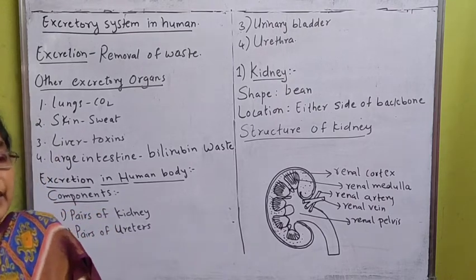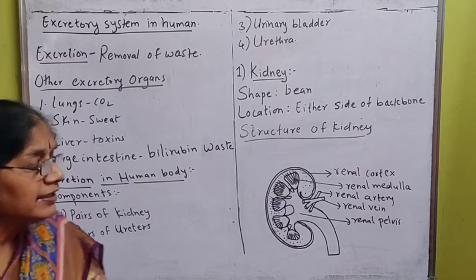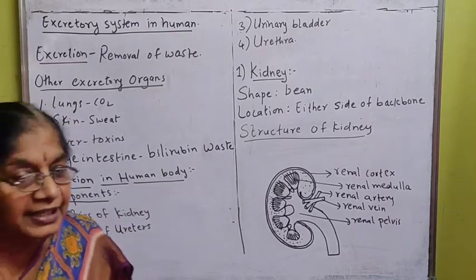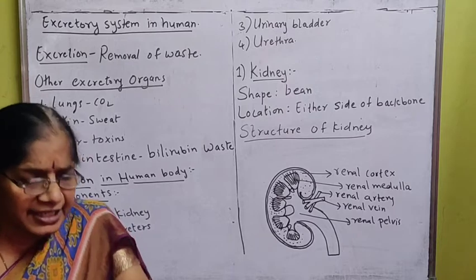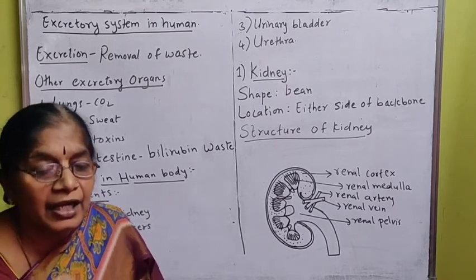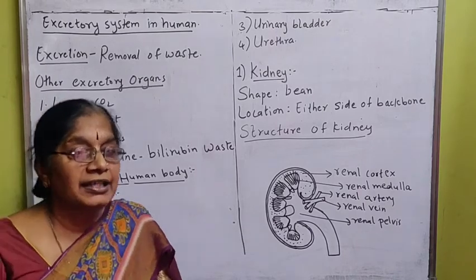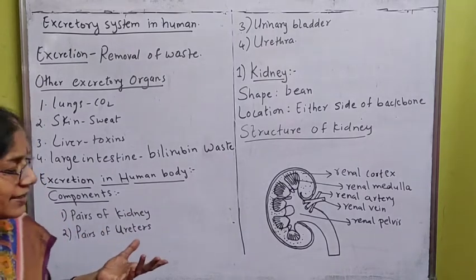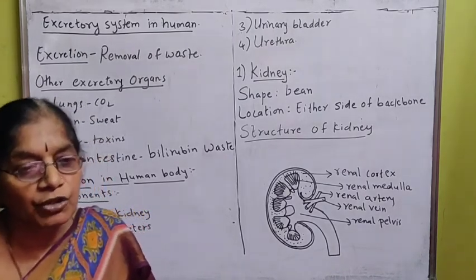This sweat gets collected near the sweat gland and enters into it, and the sweat gland is connected to the pores of our skin. So when the pores open, this sweat will move out of our body in the form of salt water.